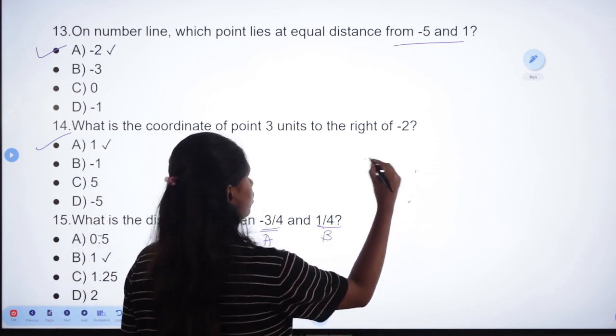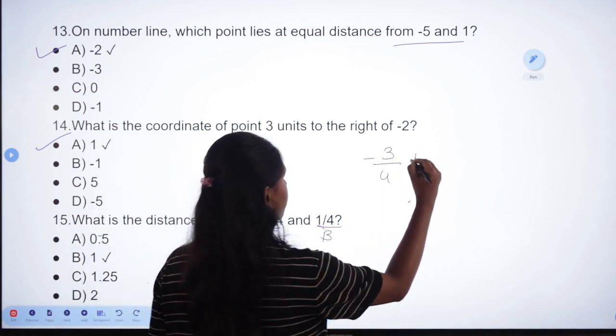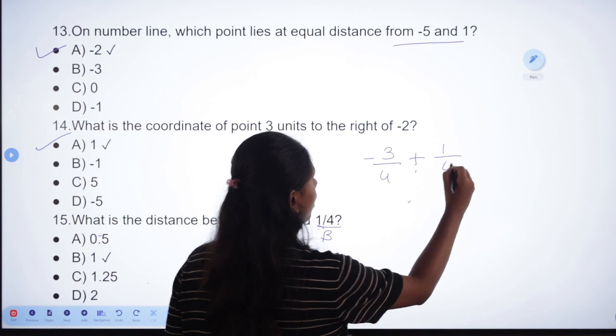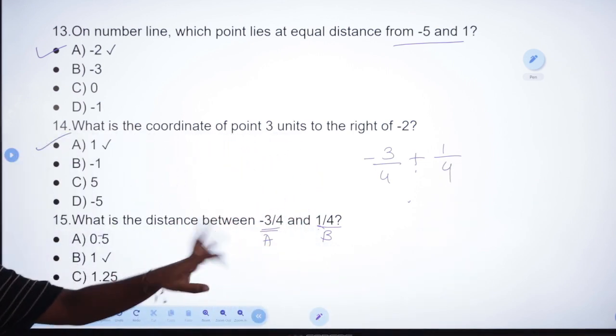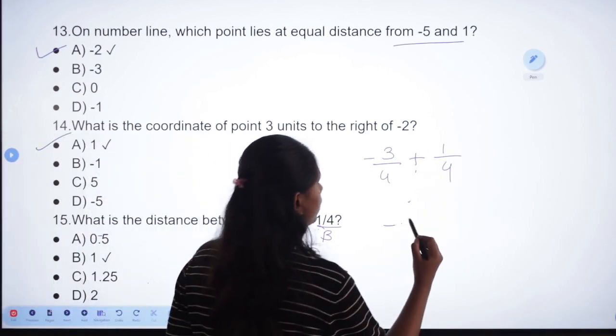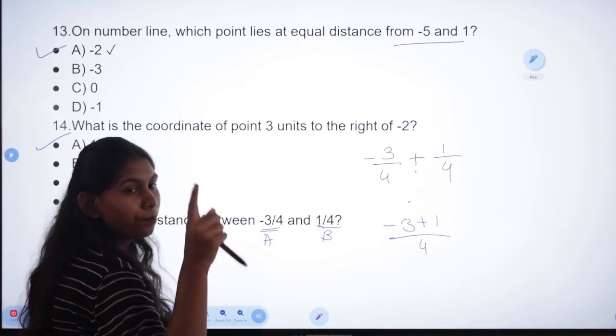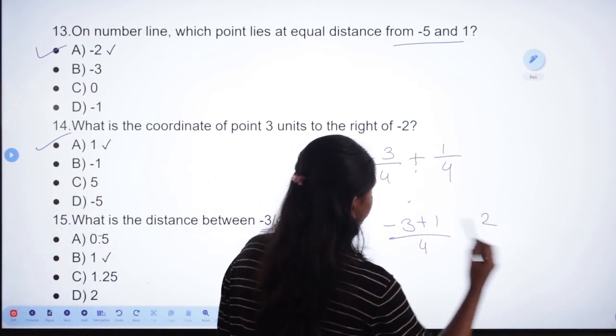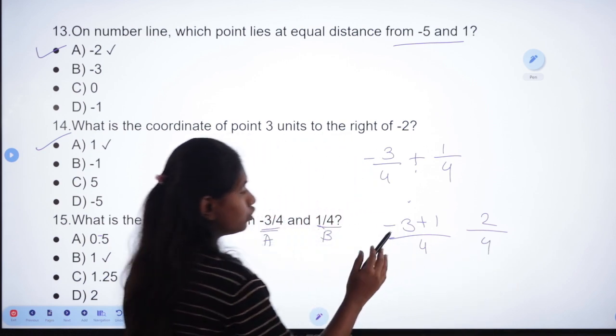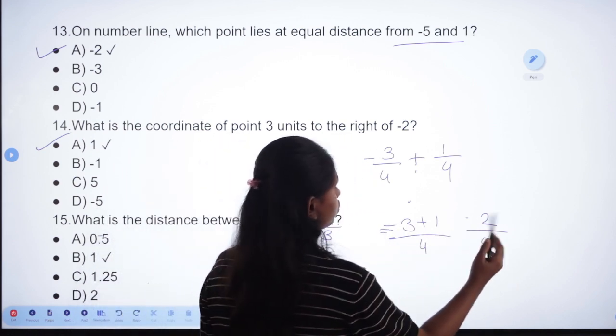So now A plus B, 1 by 4. Now the denominator is same. We will write it only one time. And now plus minus, that will be 2 by 4. But which 2? It will be -2.